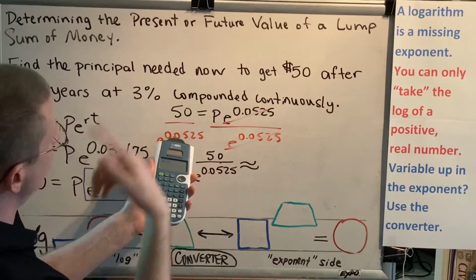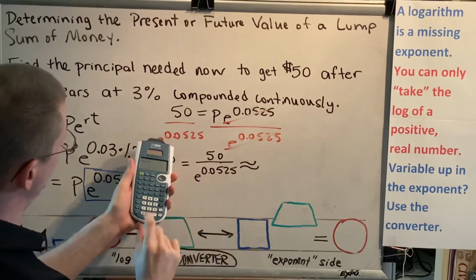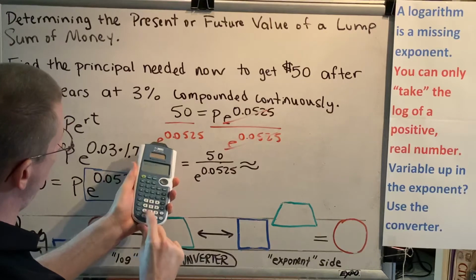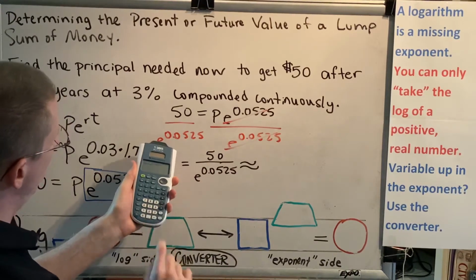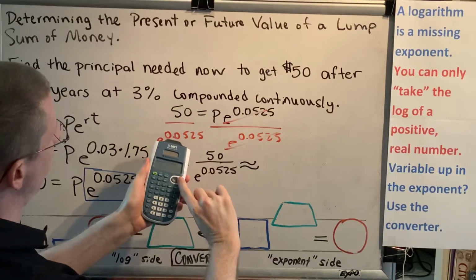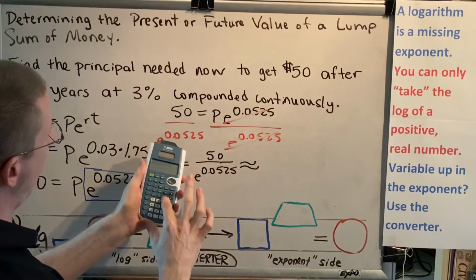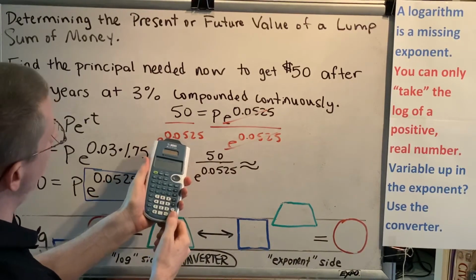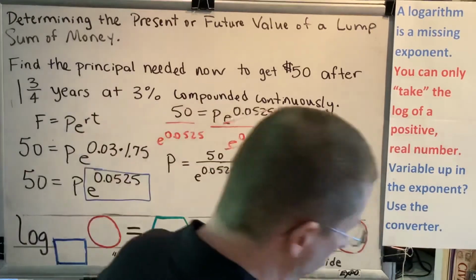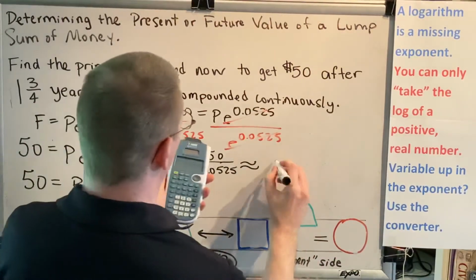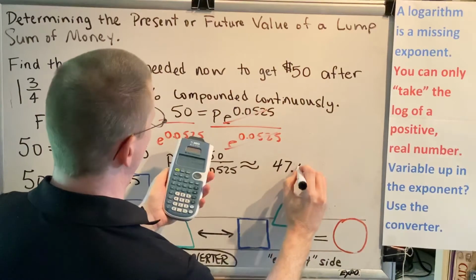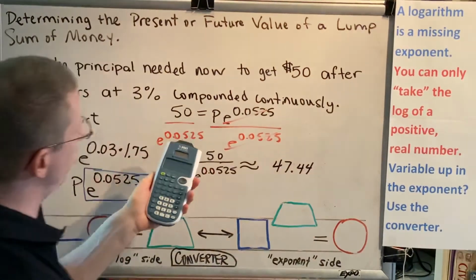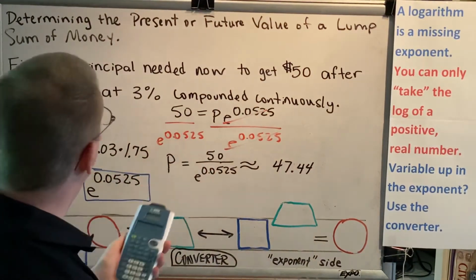That gives me e to the, and then I can put in this decimal, 0.0525. I'll hit the right arrow to get outside of my exponent, and then the right parenthesis to close out my division. When I hit enter, I get 47.44271605.